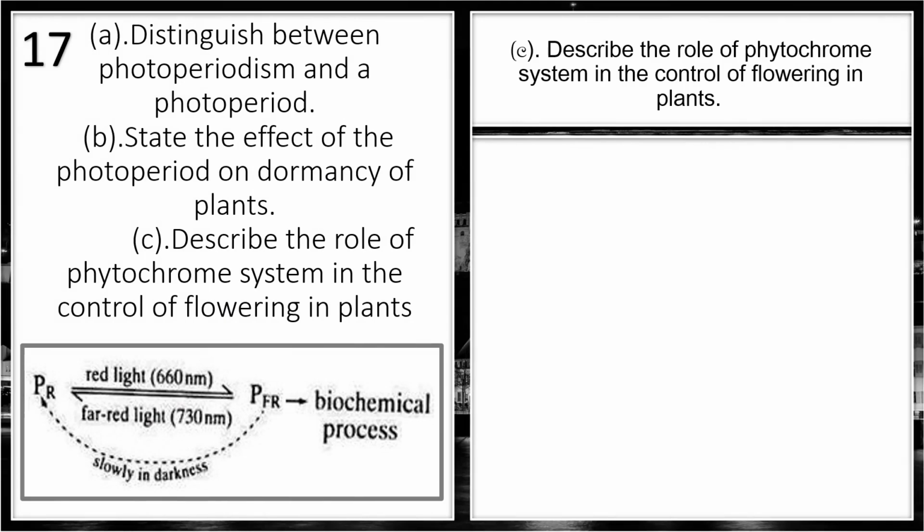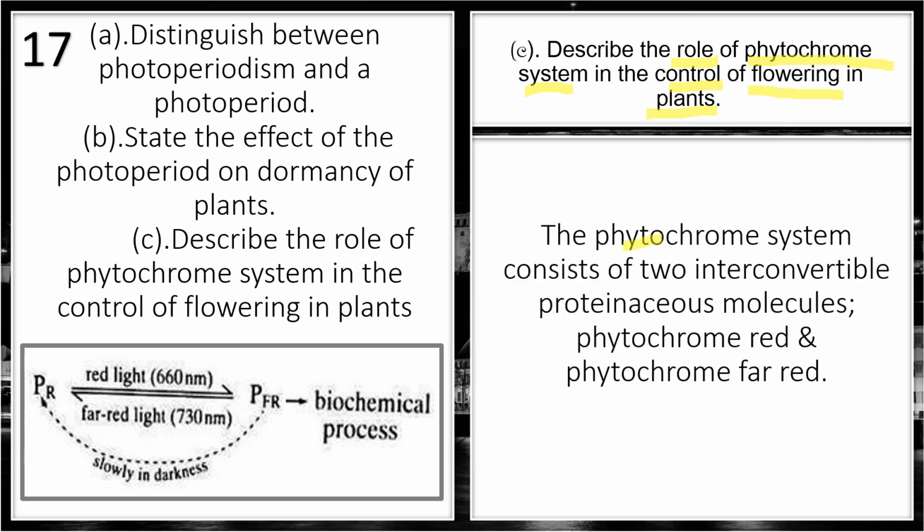Part C. Describe the role of phytochrome system in the control of flowering in plants. The phytochrome system consists of two interconvertible proteinous molecules, phytochrome red and phytochrome far red.